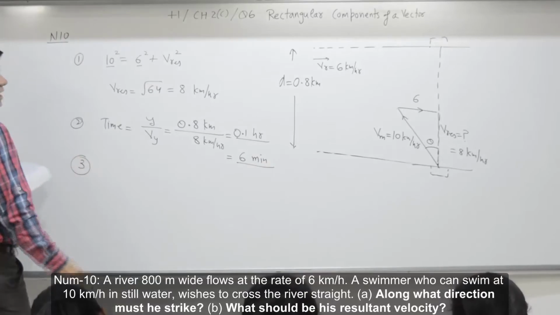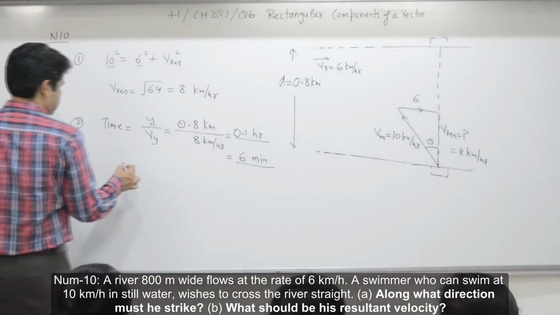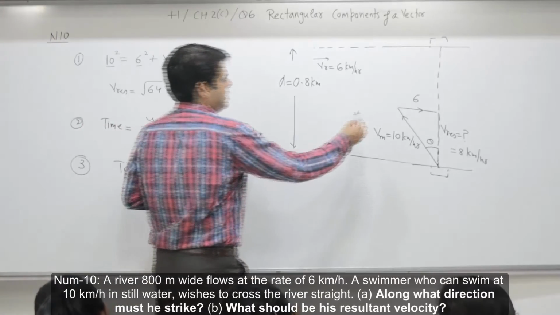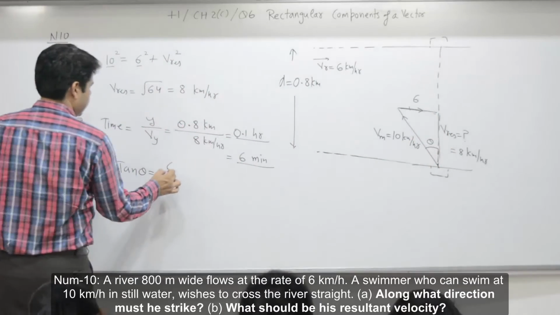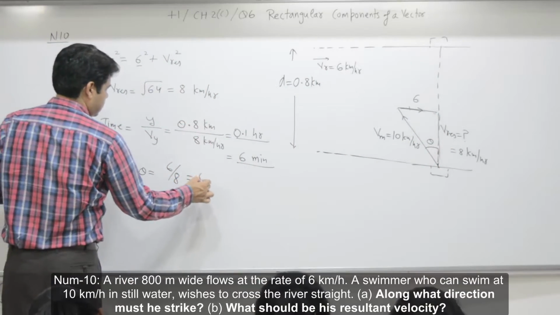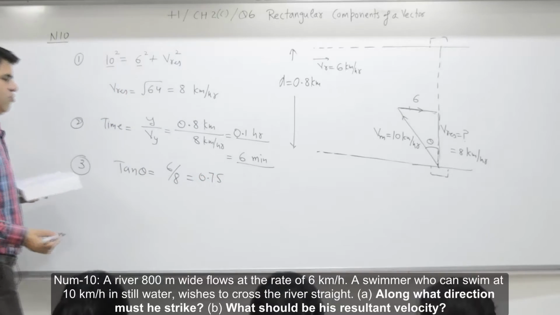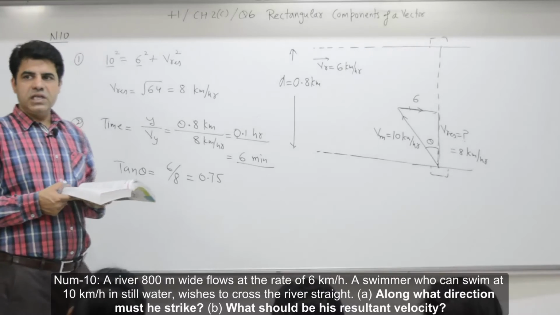Third, at what angle? First we will find theta. Yes, tangent theta is equal to what? Perpendicular 6 by base 8 is equal to 0.75. Yes, 3 by 4, 0.75. So from the table, you will have to find out when tangent theta is equal to 0.75, theta is equal to what?